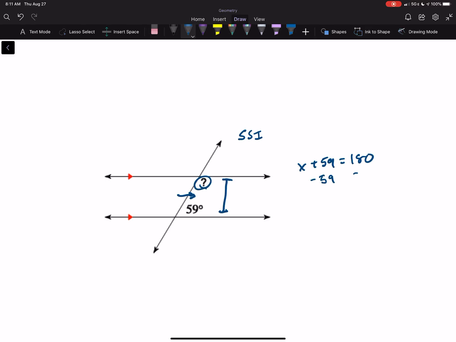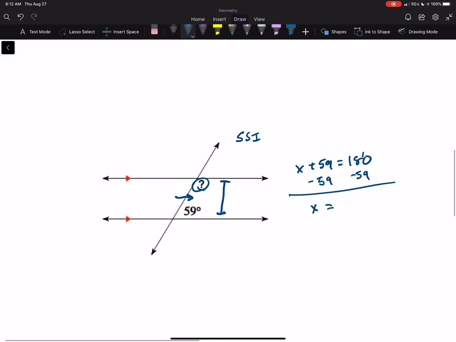So we subtract 59 from both sides. That leaves us with just the unknown on one side, and then we have to subtract here. So if I do this properly, I'm going to borrow from the 8 and carry that 1 over, so that makes 10. 10 minus 9 is 1. 7 minus 5 is 2, and 1 minus 0 would be 1. 121 degrees. Check that with your calculator and make sure that it's correct.